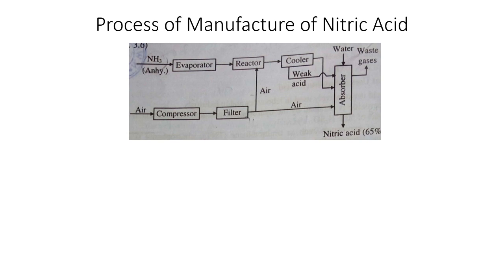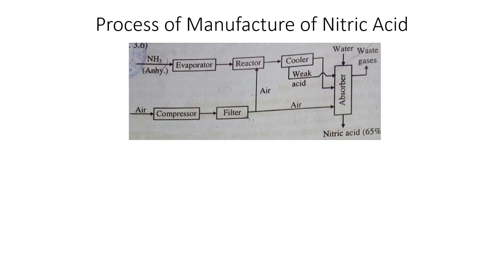You can see here there is one evaporator. So this ammonia is evaporated, so the reaction is carried out in gaseous medium. Now the another important starting material or reactant is air. This air is compressed to 6.8 atmosphere, then it is filtered and preheated to 300 degrees Celsius.